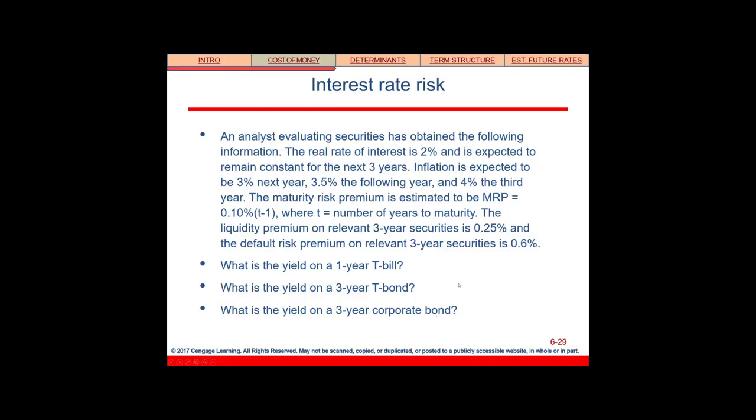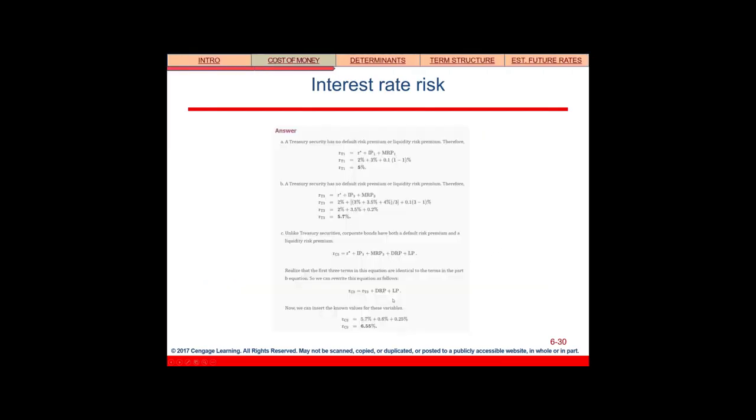So basically, you just use the answer from the second question plus these two, and you will get the final answer, which is 5.7% plus 0.6% plus 0.25%. Then you will get 6.55%. So this is the exercise question.